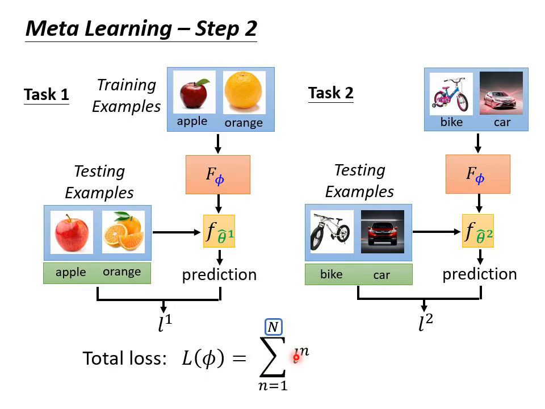And the capital N here means the number of training tasks we have. In this example, we only have 2 tasks, so capital N is 2. But in a real application of meta-learning, you probably have tens of thousands of training tasks, so you can define a loss very well. So this is step 2.